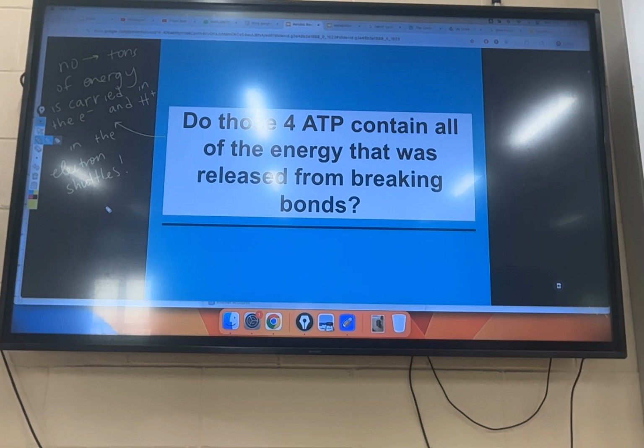We're not making energy, we're moving energy. Energy can't be created or destroyed, we're just moving it around. So in photosynthesis, we moved energy from solar energy into chemical energy in glucose. In cellular respiration, we're moving energy from glucose into ATP. Okay. We're not creating energy, we're just moving it around.